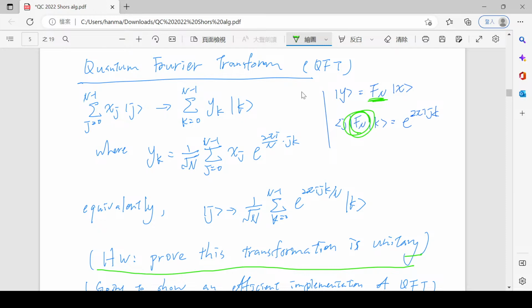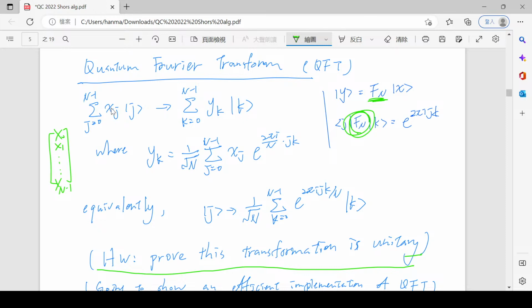Remember we have this x vector, and it has x0, x1, to x_{n-1} components. If you write all that in our ket notation, then all the bases, we just write this |j> as computational basis, but now we count the computational basis from 0 to n minus 1, just because of convention.